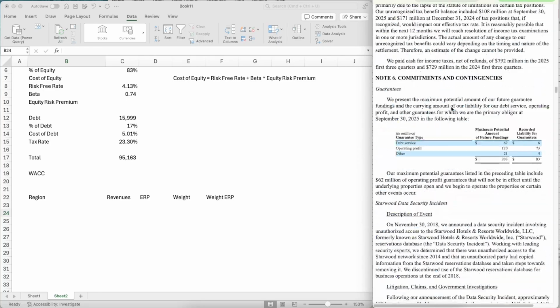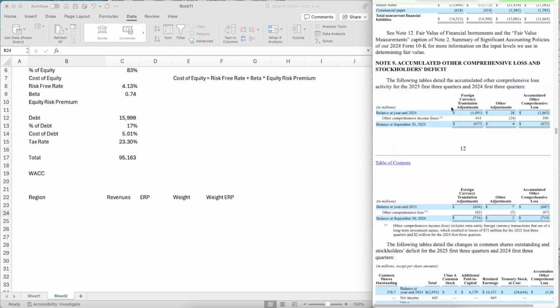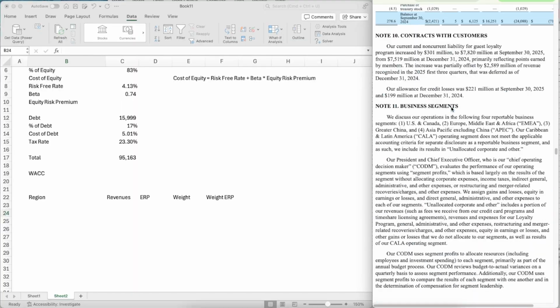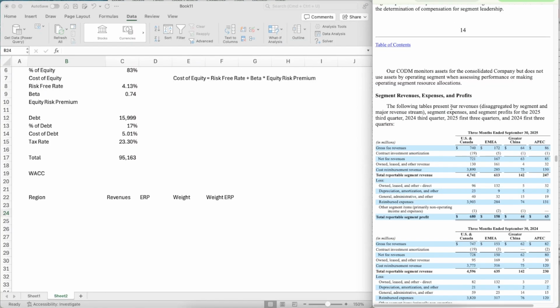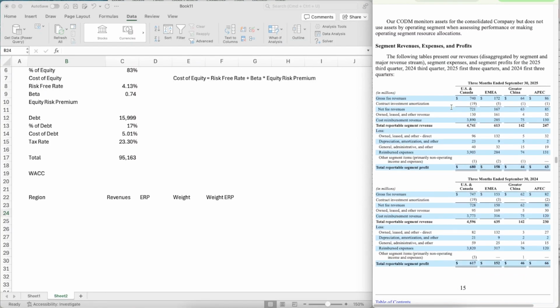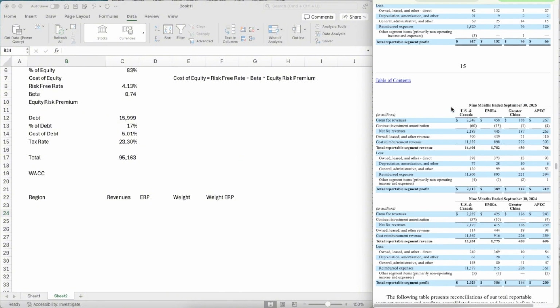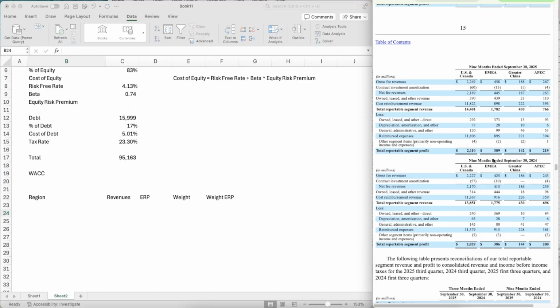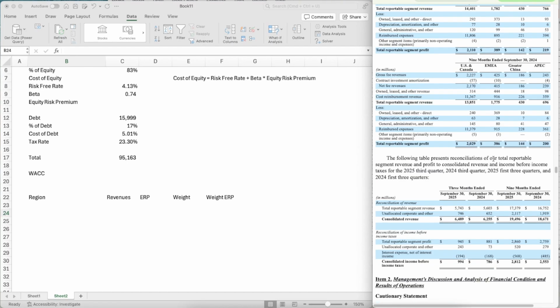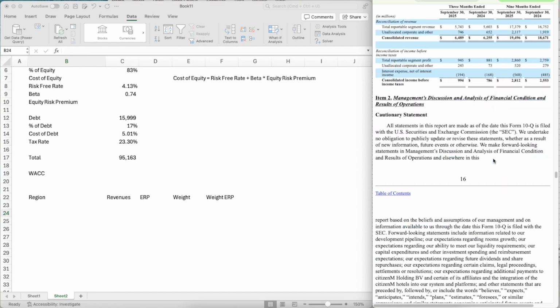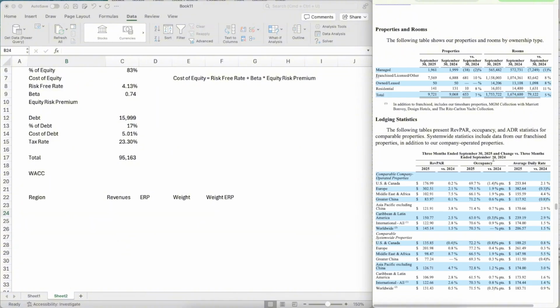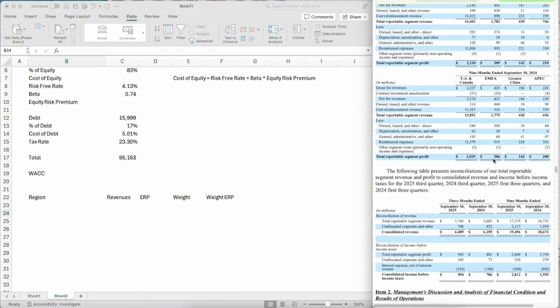It does do them, but we need to see how it does. This is what we need. Yeah, that's about occupancy. These are revenues.